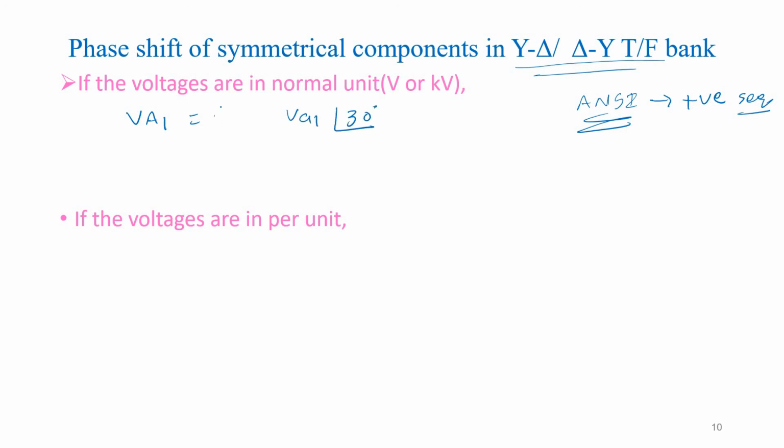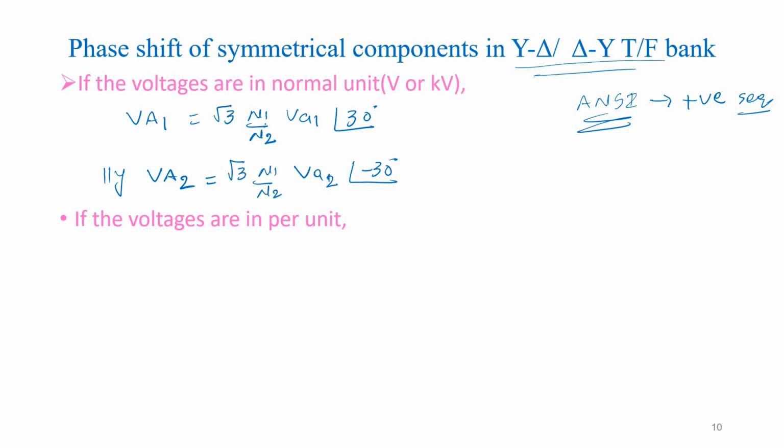So we have a factor root 3 times N1 by N2, with respect to the number of turns. Similarly, with respect to the negative sequence component, the high voltage side lags the low voltage side by 30 degrees. What does that mean? The low voltage side leads the high voltage side by 30 degrees.